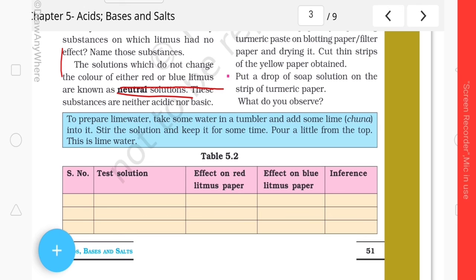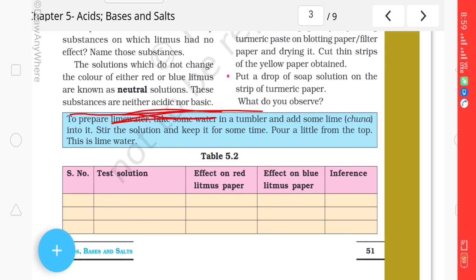So in nature there are some solutions which will not change color even if we check using red litmus paper and blue litmus paper. The color will remain the same as it is. If it is red litmus paper, it will remain red, and if it is blue litmus paper, it will remain blue. So there is no change of color. Then we can say that those solutions are neutral. Neutral means the substances are neither acidic nor basic.